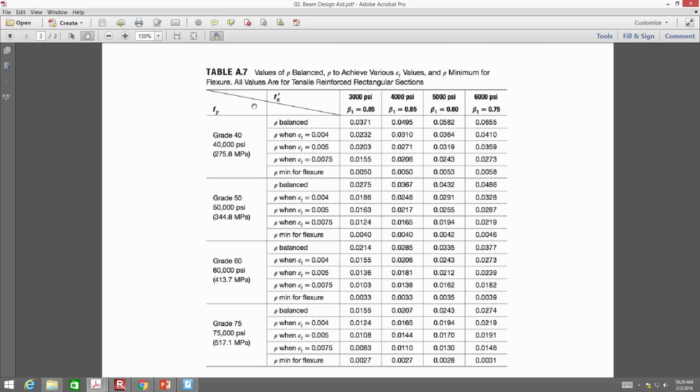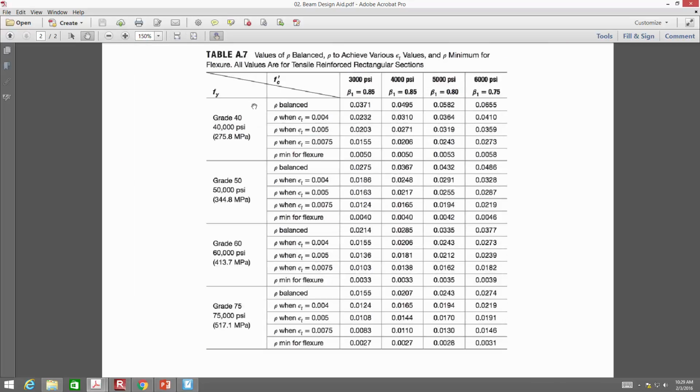You start off by choosing your Fy and your FC prime, and then based on a desired strain condition, you can determine a required reinforcement ratio. I'm just going to be frank, we're not really going to use that too much right now. We're really going to stick with the 0.18.